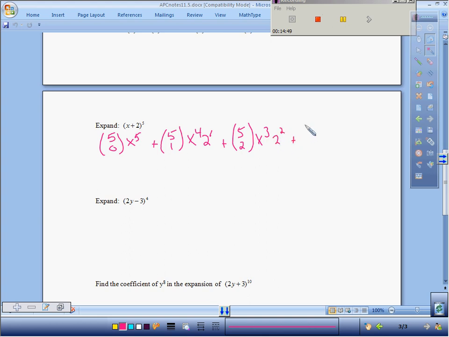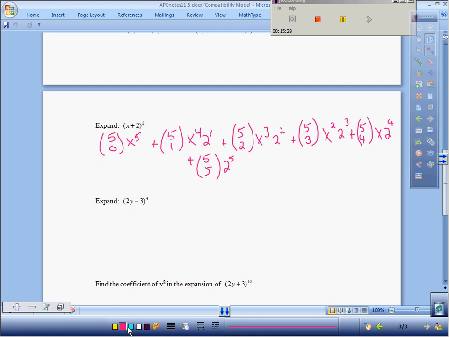Have you guys done this before? 5 combination 3, x to the 2, 2 to the 3rd, and then plus 5 combination 4, x times 2 to the 4th, plus 5 combination 5 times 2 to the 5th. 5 combination 0 is just 1.